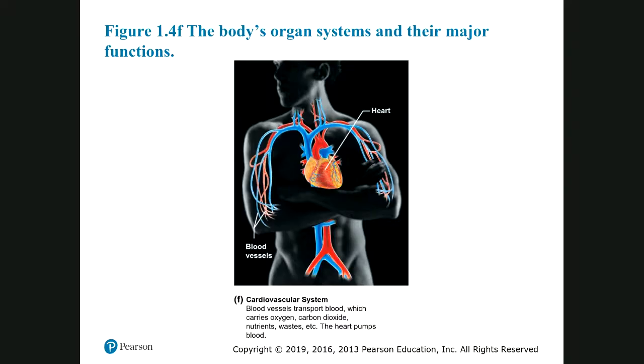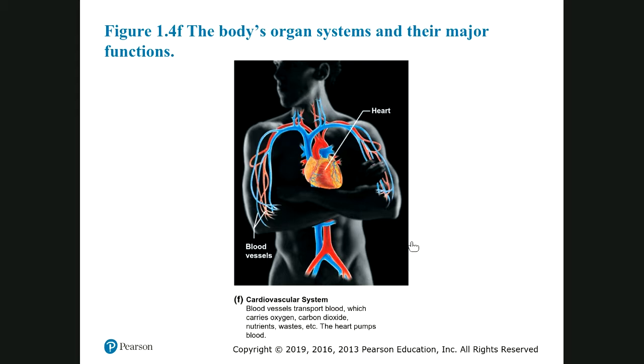Here is the cardiovascular system, and you can see that it is made up of the heart. It is also made up of your blood vessels. The blue vessels are indicative of your veins, and the red vessels are indicative of your arteries. The cardiovascular system allows blood to be transported through the blood vessels throughout the body to carry oxygen, carbon dioxide, nutrients, waste, and those hormones that were secreted by the endocrine glands.